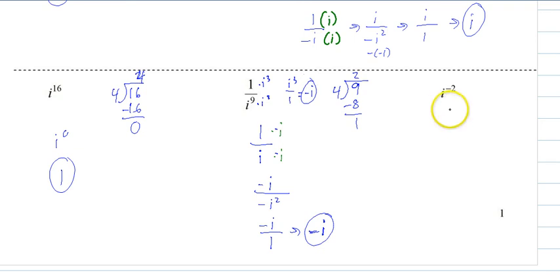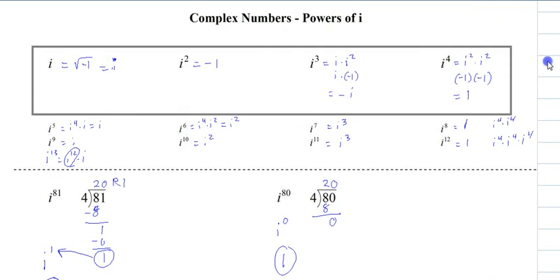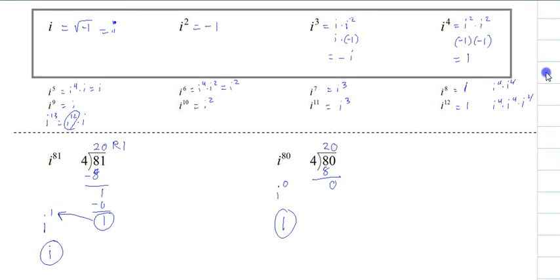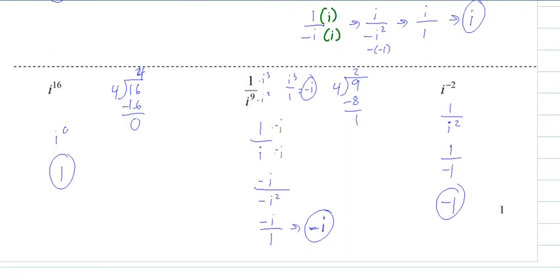And then this one is 1 over i squared, and we don't have to do any division because it's less than 4. i squared is just negative 1, so the answer is negative 1. And that's powers. So if you notice on our answers, we're getting i, negative i, negative 1, negative i, and 1. You just have to figure out what it is.